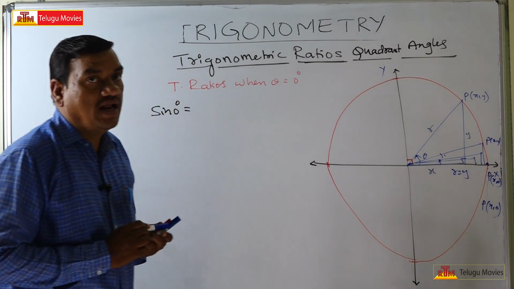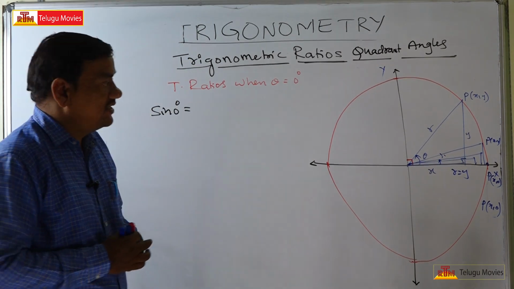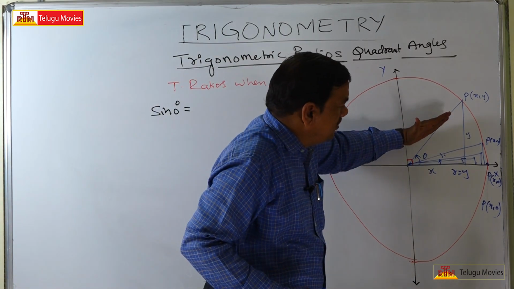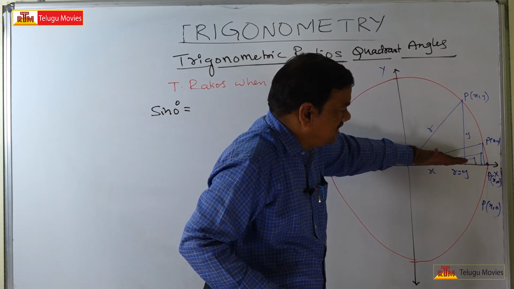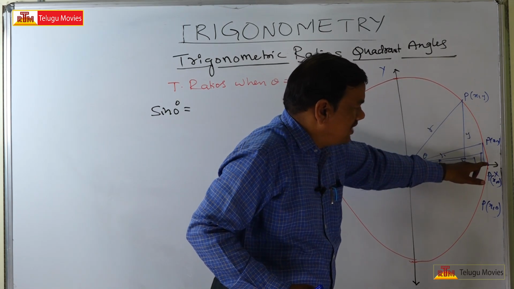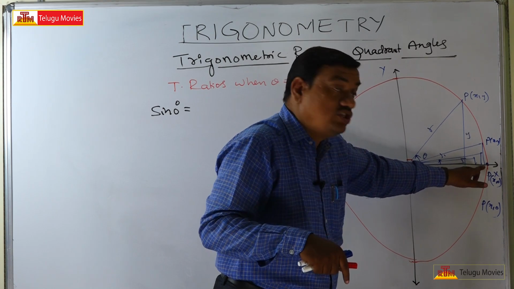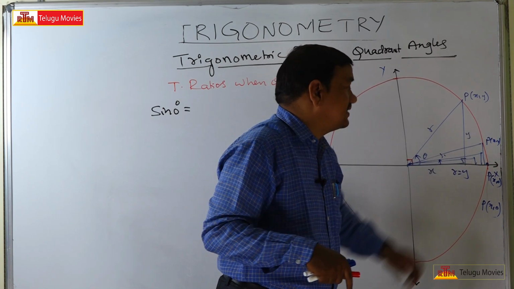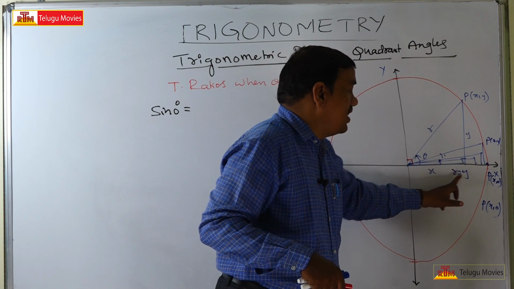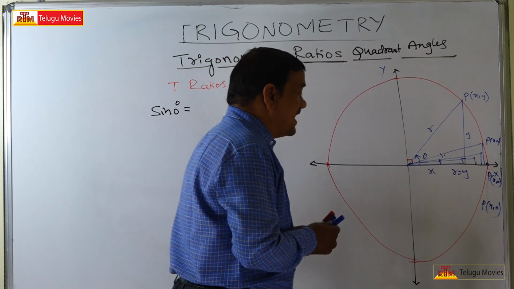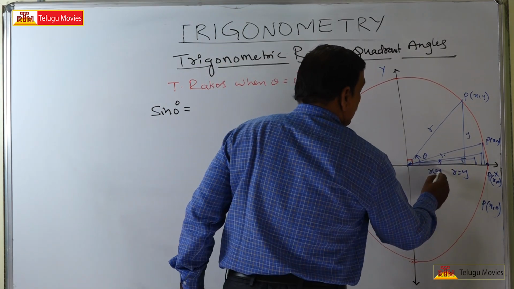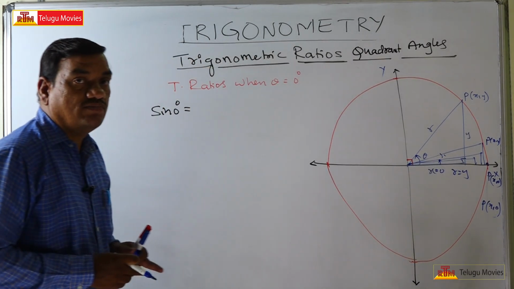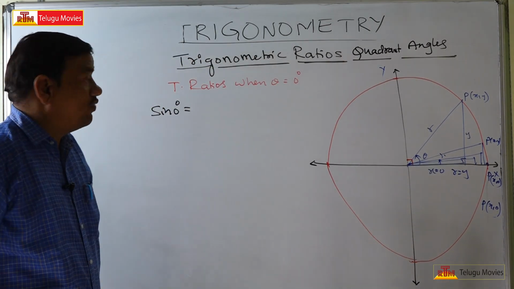See here, if it goes on decreasing, when the point P comes and lies on the positive x-axis, then the r value and y value become equal, and the y value becomes 0, and x is equal to r will happen.